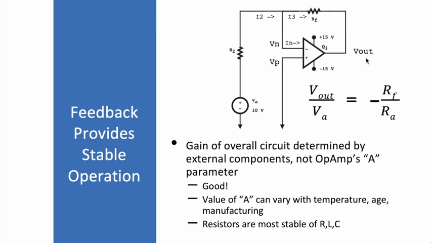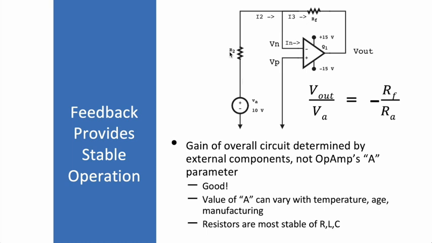Now, one thing you'll notice right away is that the gain of the overall circuit is determined by the external components RF and R2, not by the op-amp's internal gain parameter. That's a good thing, because the value of A can vary with temperature, age, and manufacturing. Each op-amp, even of the same model, won't have the exact same gain.